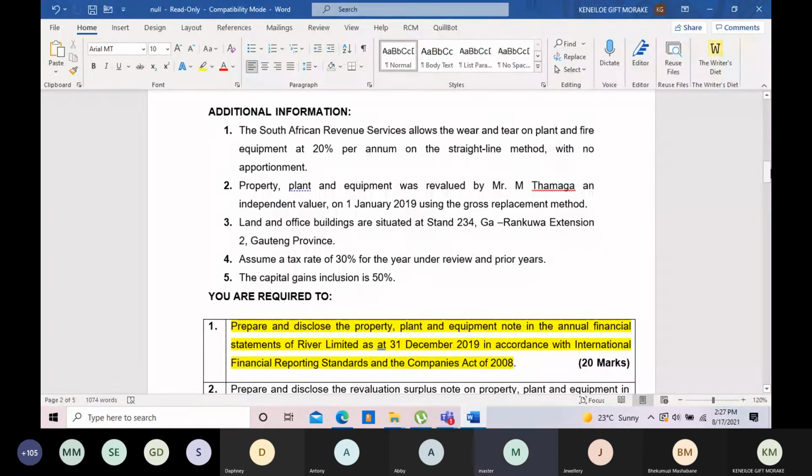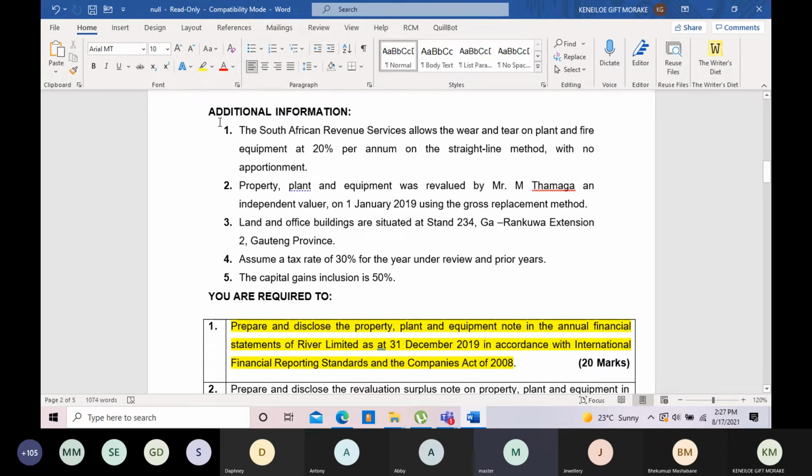You see, they said to us, wear and tear is costing how much? That is the additional information number 1 there.